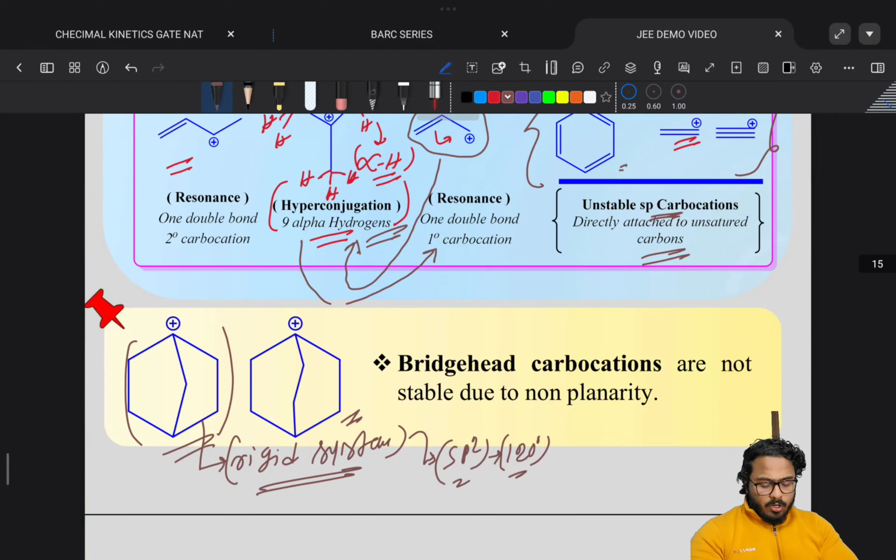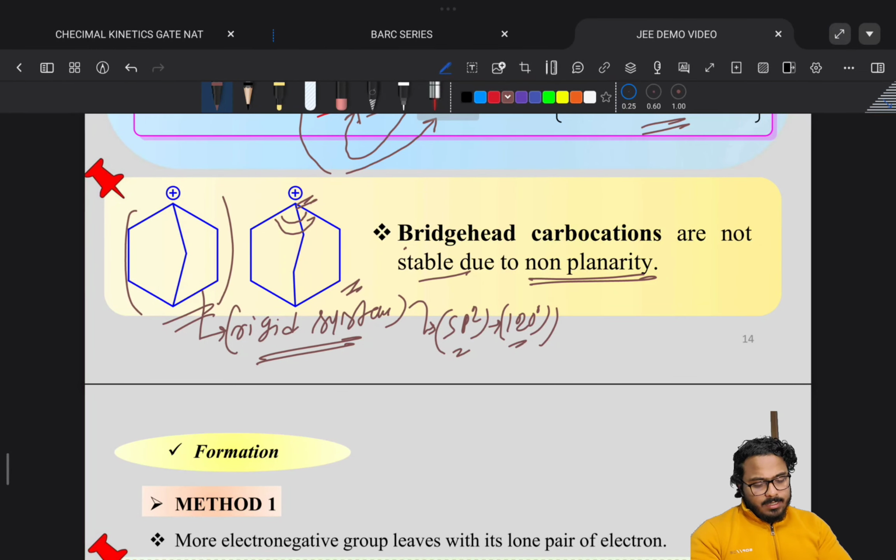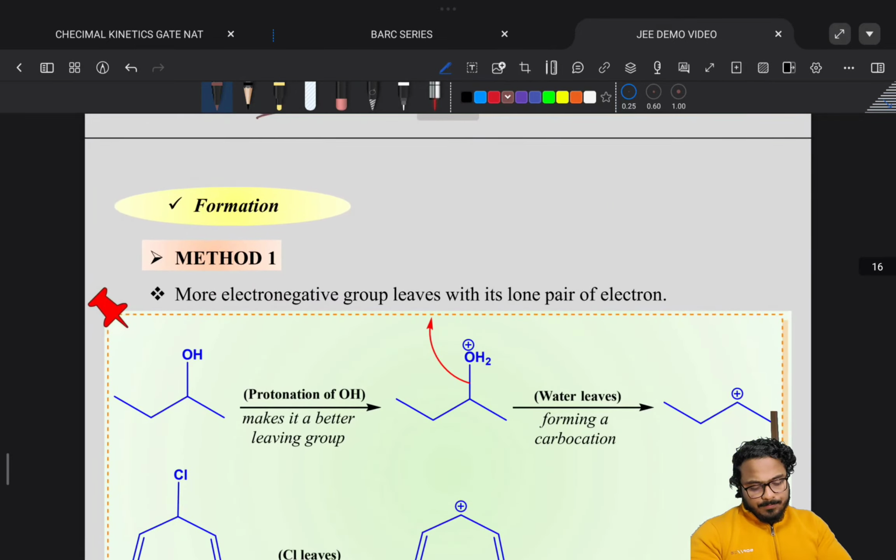Here ring strain is present, so 120 degrees is not possible here. For that reason, this carbocation is too unstable. Bridged carbocations are not stable due to non-planarity.